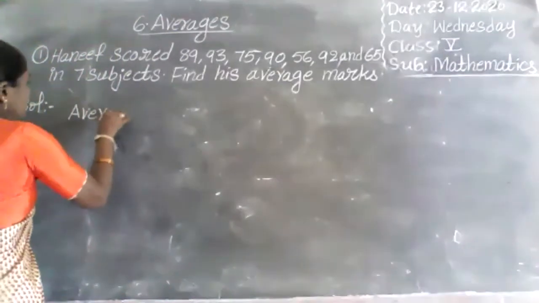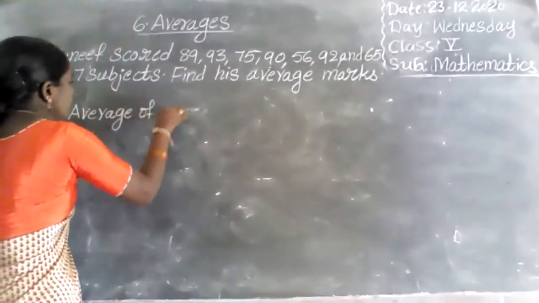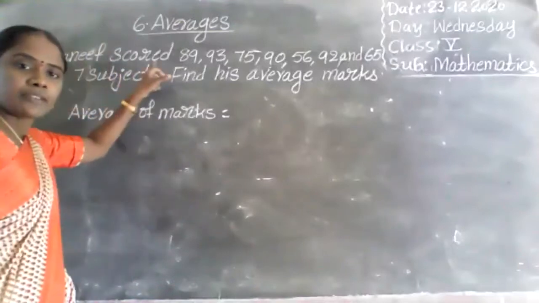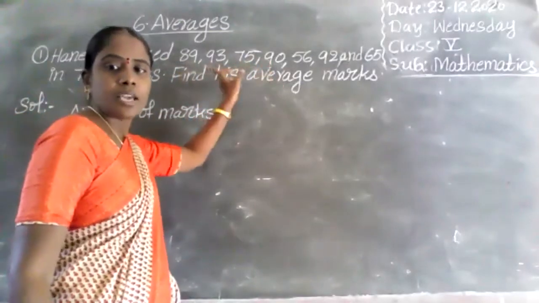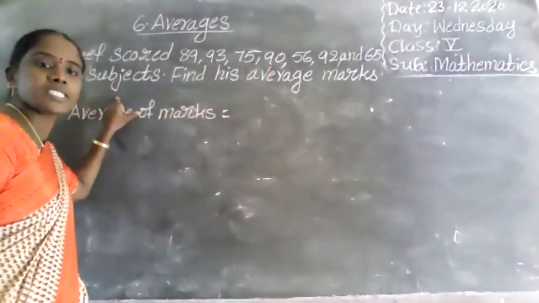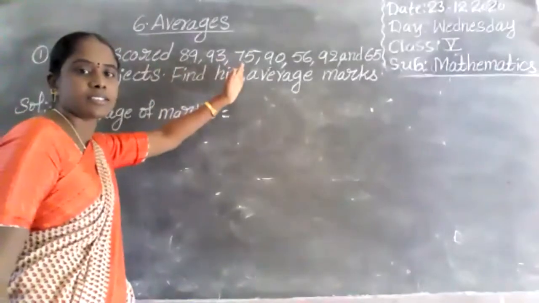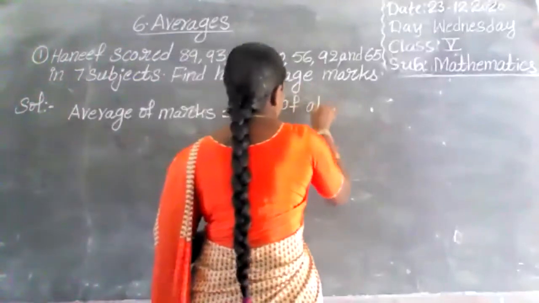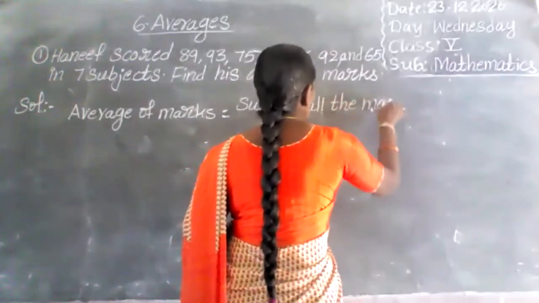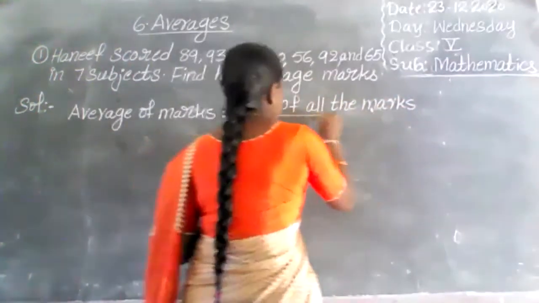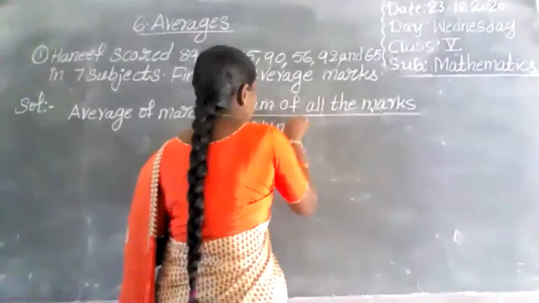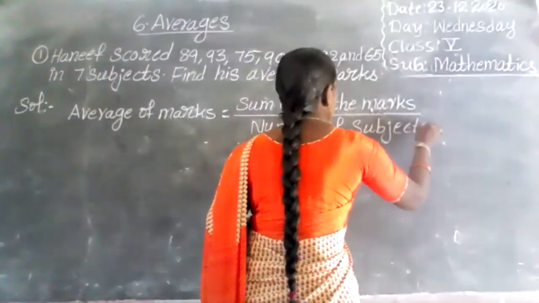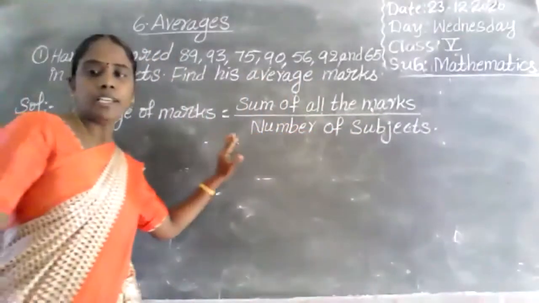Average of marks equals sum of all the marks divided by the number of subjects.